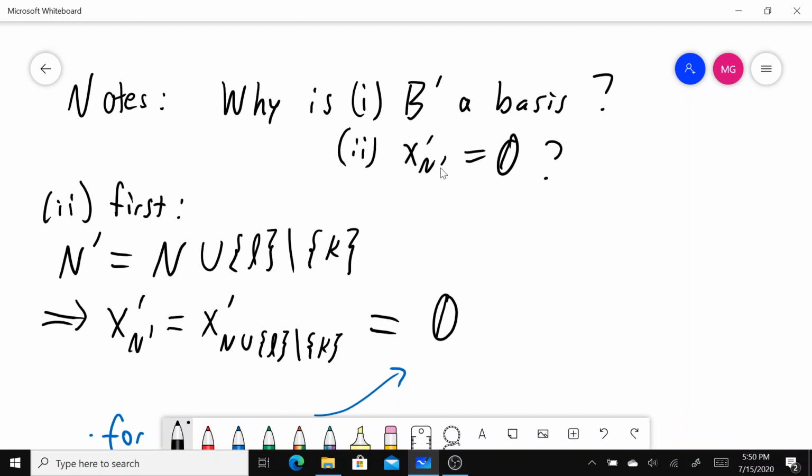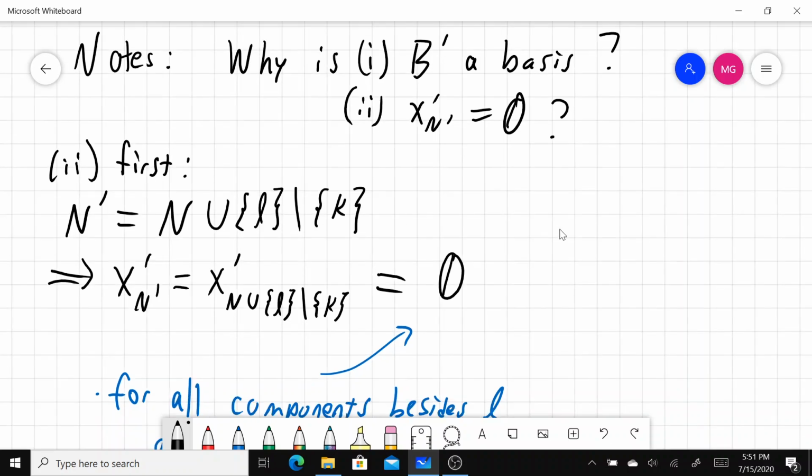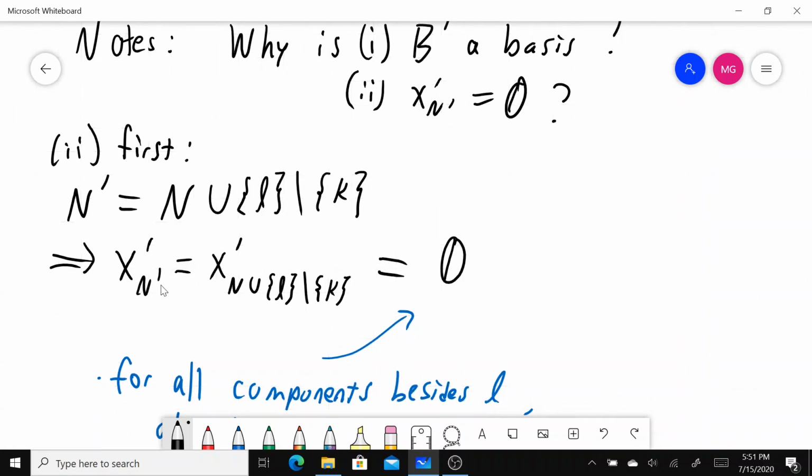We know explicitly what the indices N prime are, so let's just verify that x prime is 0 for those. And again, this shouldn't be surprising, because N prime is almost N. It's N but with an exchange. We added index L and we took out index K.